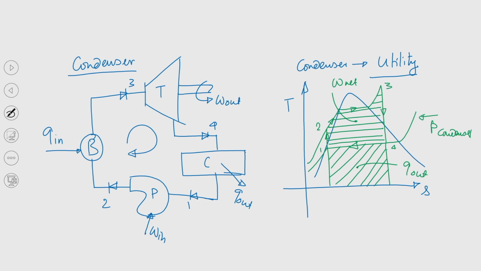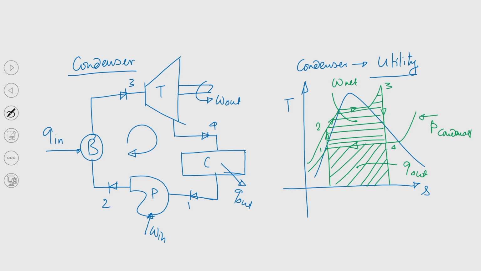Our objective should be to increase the efficiency of the plant. Now, you know that 4-1 is the condensation process that occurs at constant pressure, so heat will be rejected from the steam. Just without going into the physics of this, if we look at the TS plane, our objective should be to increase the area that is shown, that is W net.